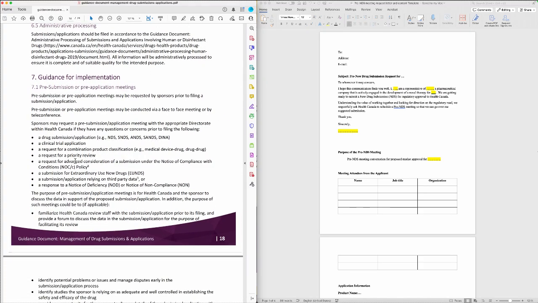This is exactly what a regulatory affairs professional does. What happens is that each time we have a project, each time we have a task, each time we have to deal with Health Canada, it means every day, we will need to go to the Health Canada website and find the guidance documents related to the specific job that we have to complete.